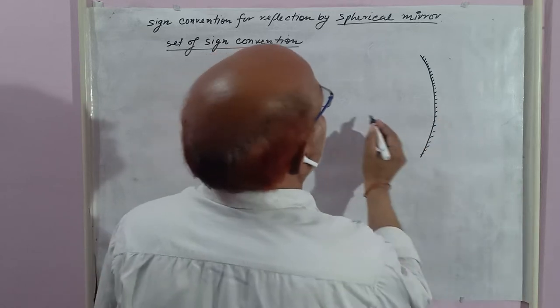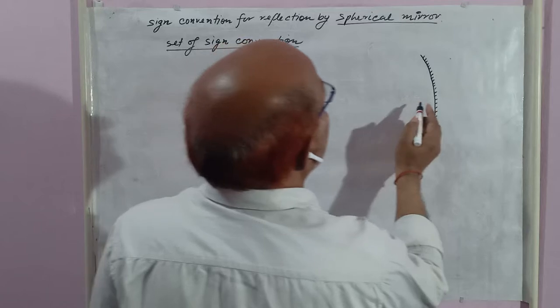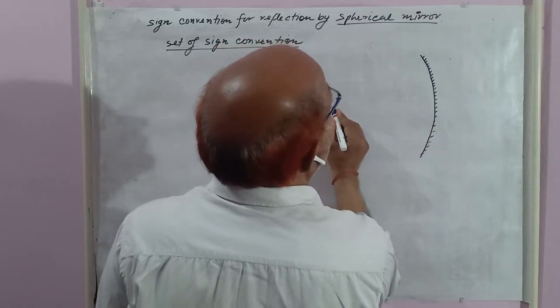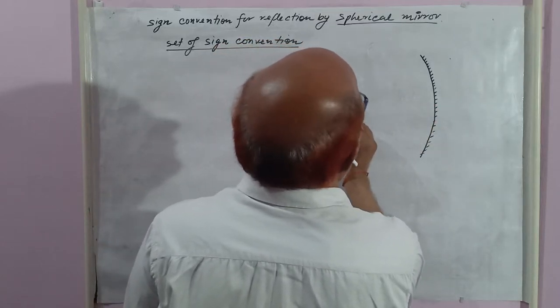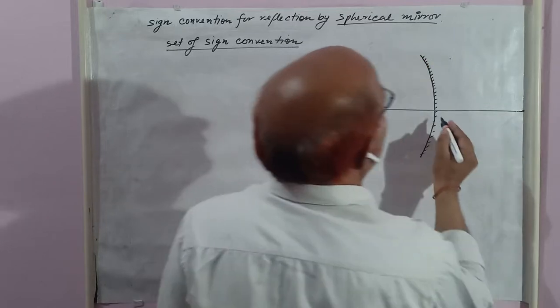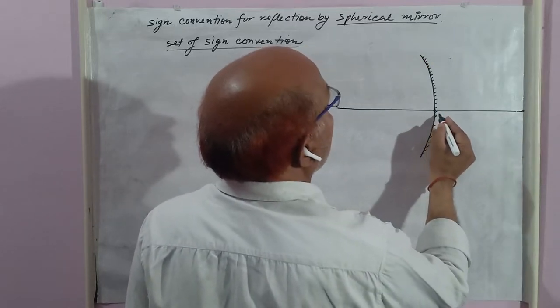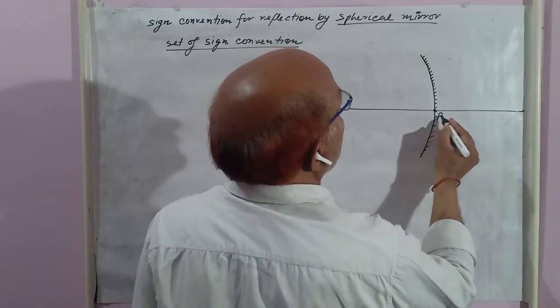This is a spherical mirror, a concave mirror, and this is the pole.